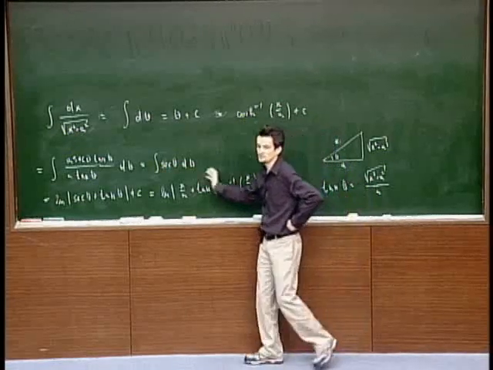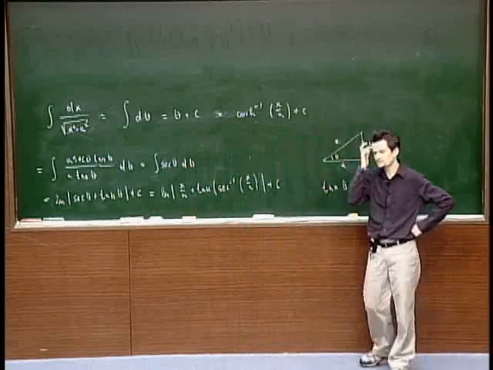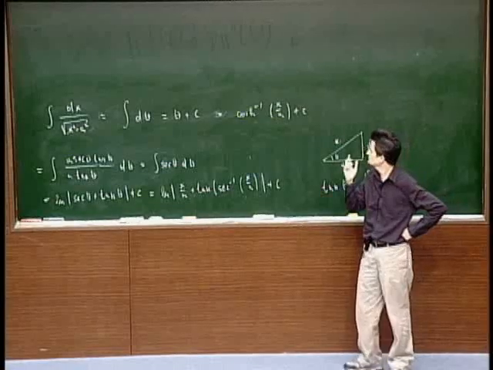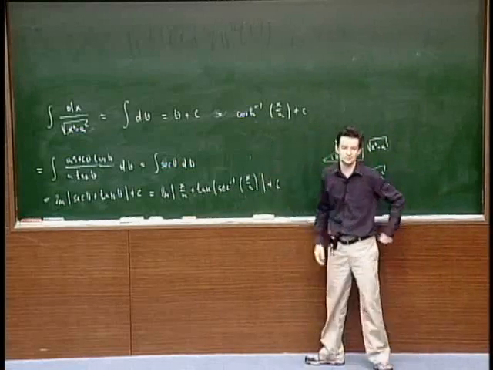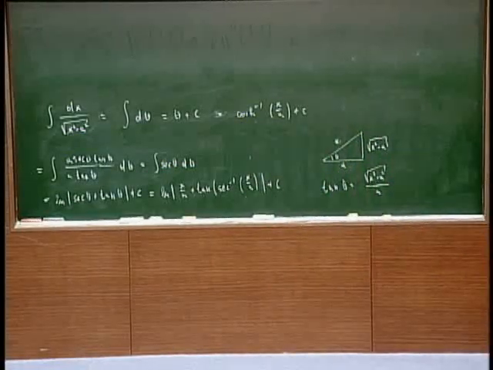So it must have such an expression. I think previously, in one of our homework examples, if I'm not mistaken, we computed an expression for the inverse cosine. You can compare it with this expression and check whether it's the same. It should be the same, except for a constant.